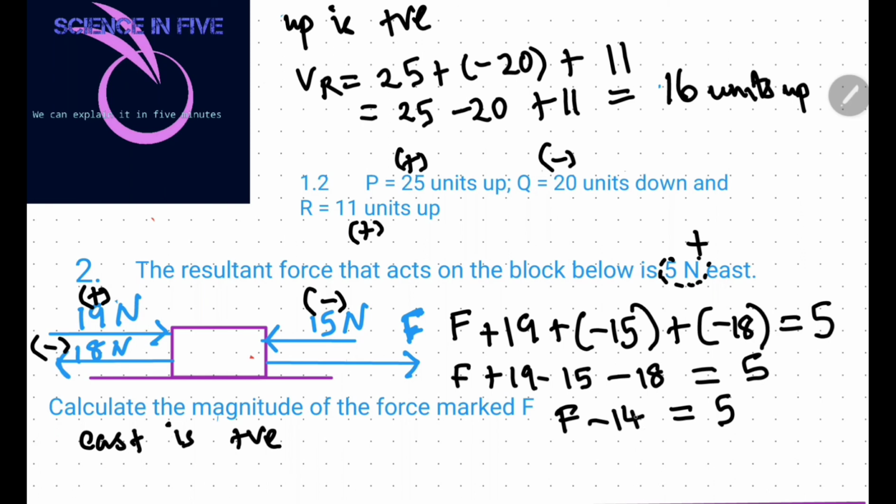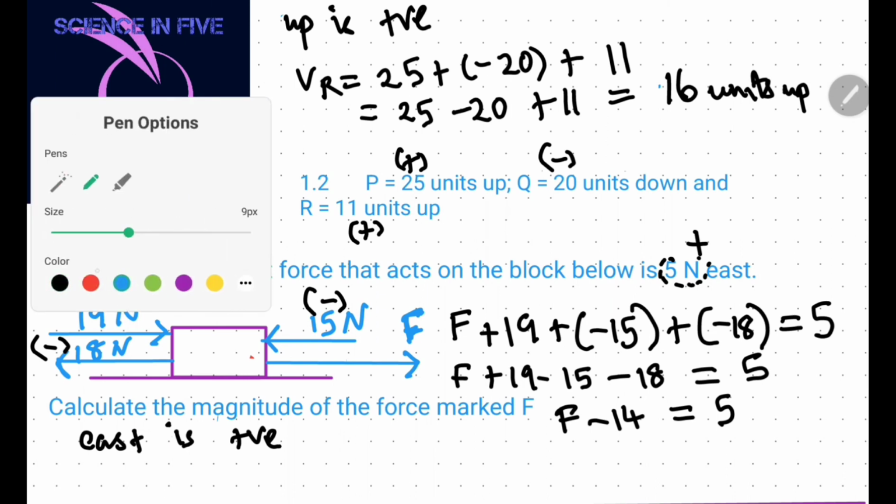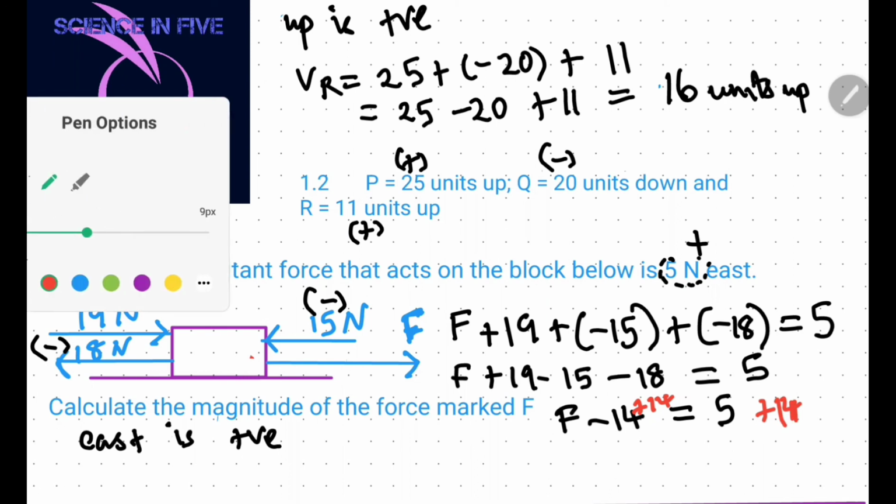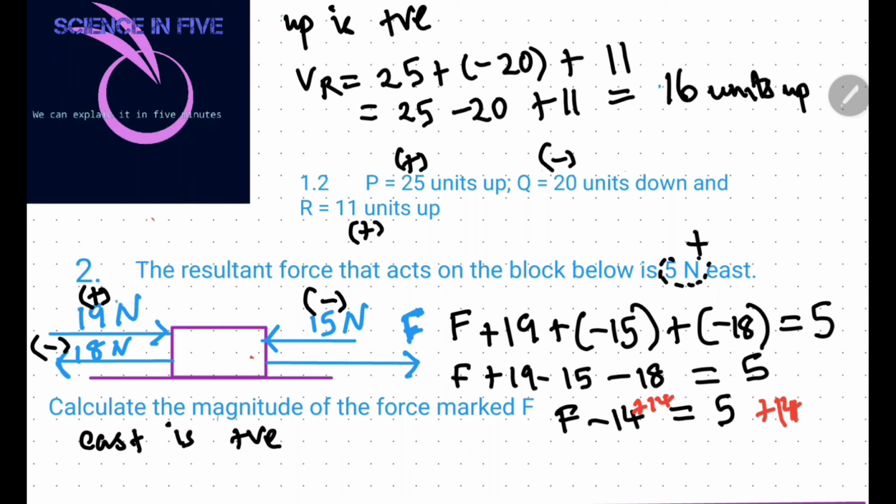So I must add 14 to both sides of the equation. I'm going to add 14 here, add 14 there. F equals 14 plus 5, which is 19 newtons. My 19 newtons is positive, so it's 19 newtons east.